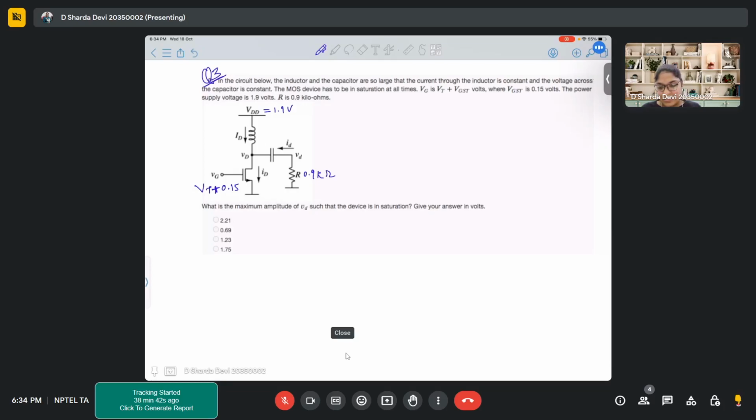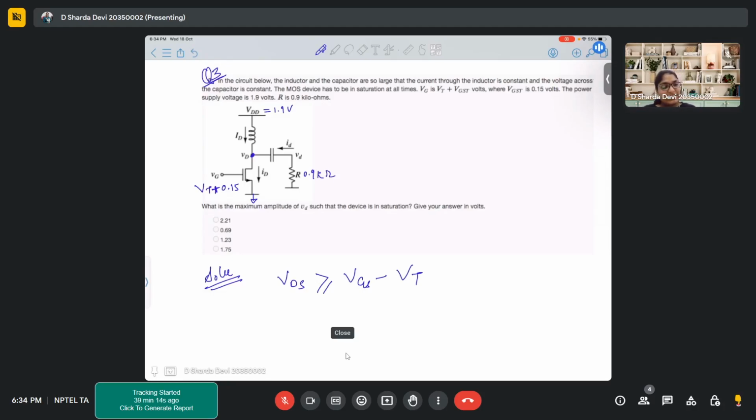So the question is, your value of VD, or if we say it is VDS, correct? Because with respect to ground, what can be the maximum value that VD can attain so that our transistor always remains in saturation? The condition for saturation is VDS should be greater than or equal to VGS minus VT, correct?